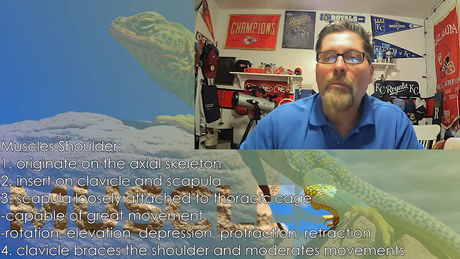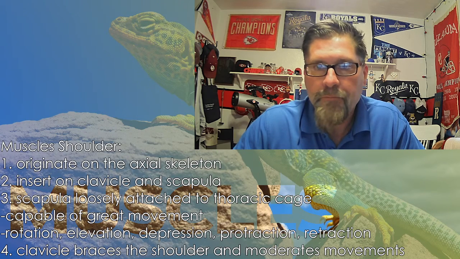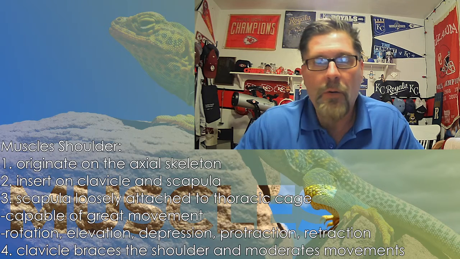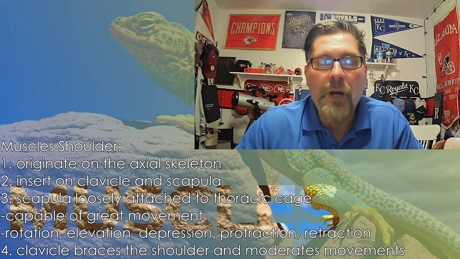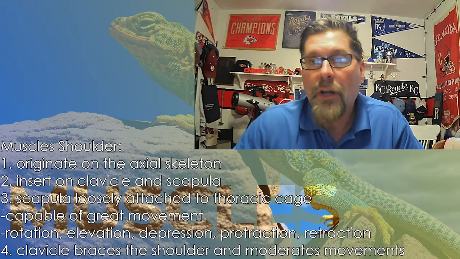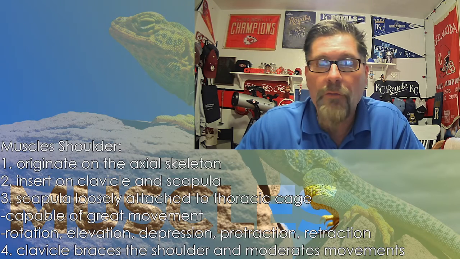All right, so now more about just talking about muscles. So we start with the shoulder. We've talked about origin, but muscles of the shoulder, they obviously originate in the axial skeleton. But remember the axial skeleton from the bone talk.